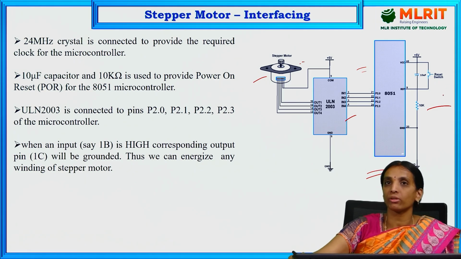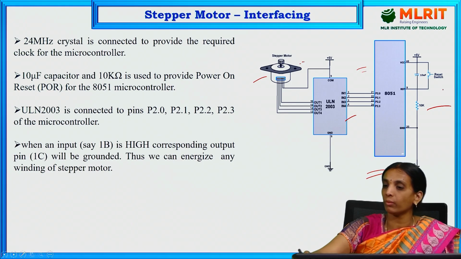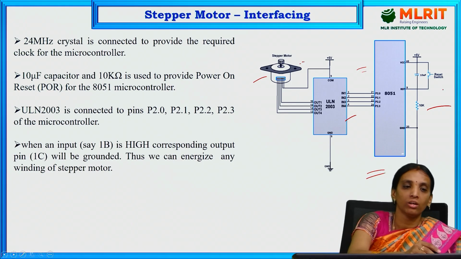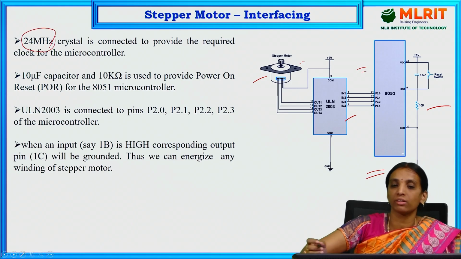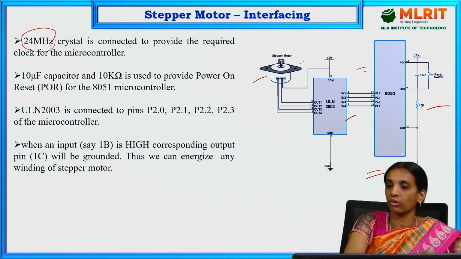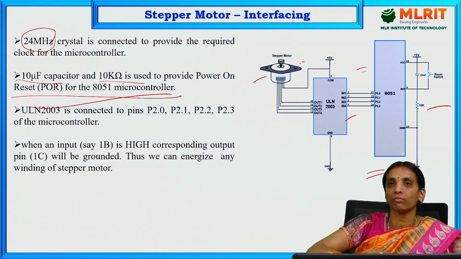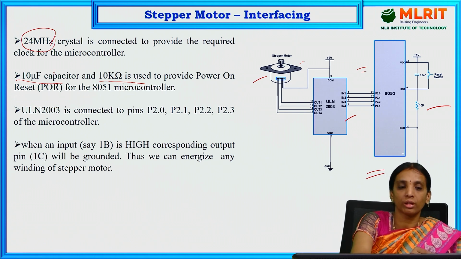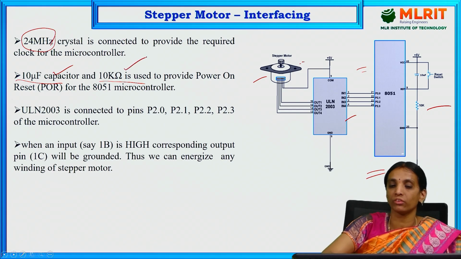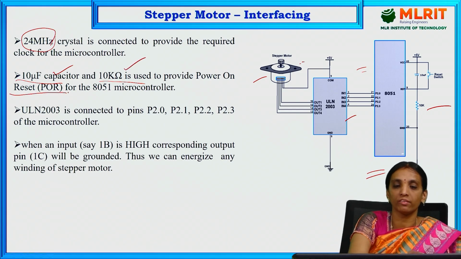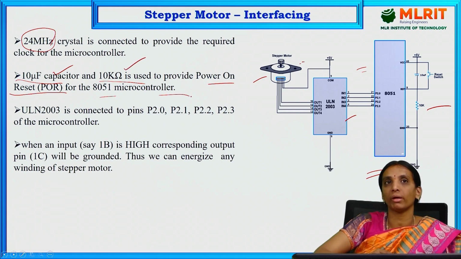For proper operation of the circuit, the clock is provided by a 24 MHz crystal oscillator, and a 10 microfarad capacitor and 10 kilo ohm resistor are used for the power-on reset function of the 8051 microcontroller.